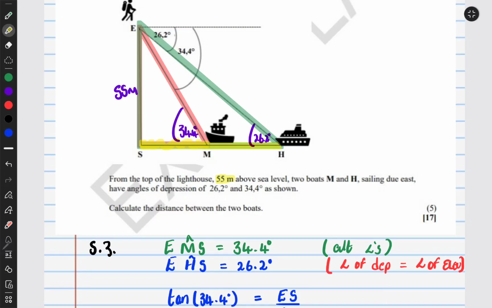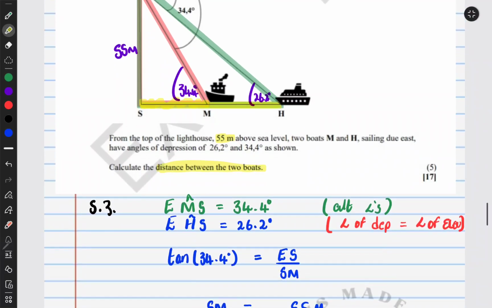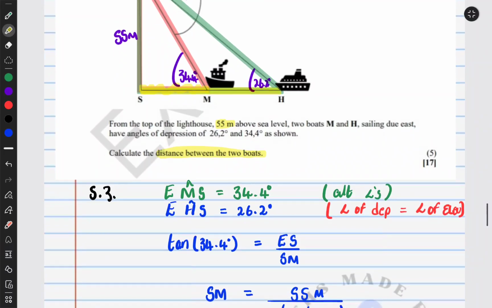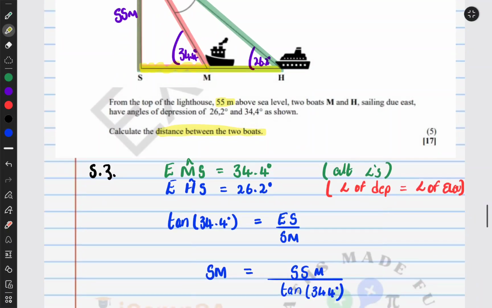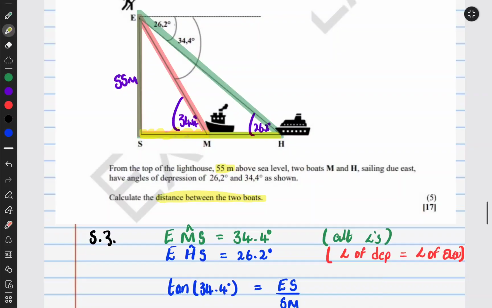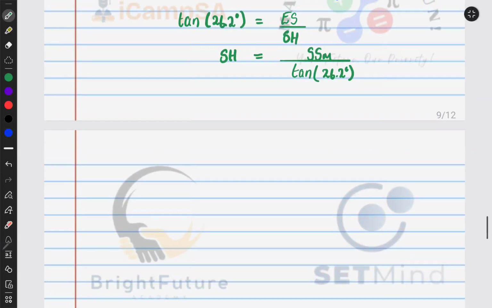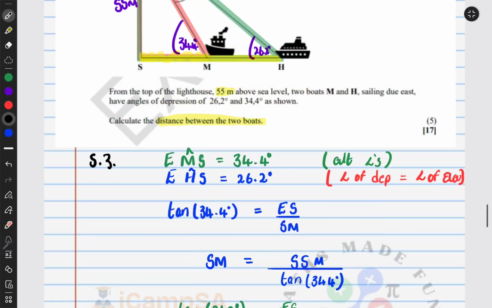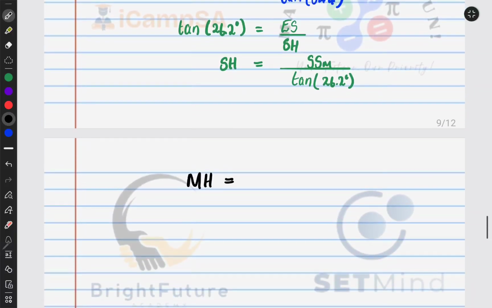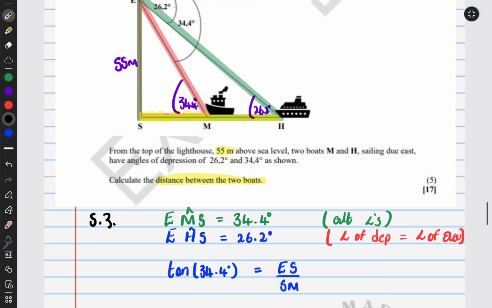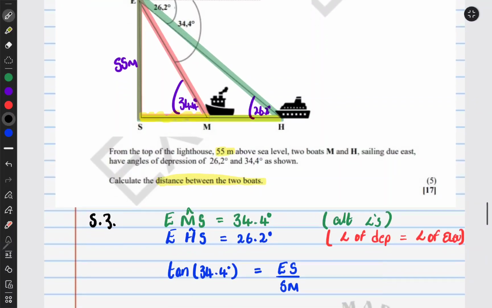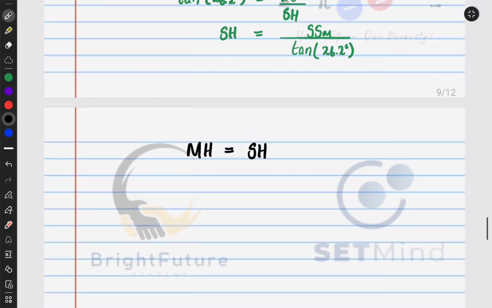We need the distance between the two points. We need side MH. So in order to calculate side MH, we're going to say SH minus SM. So MH is equal to the whole side, which is SH, minus the other side, SM.